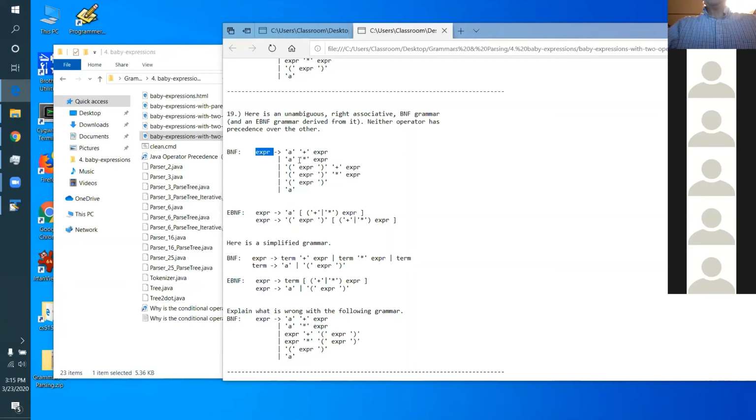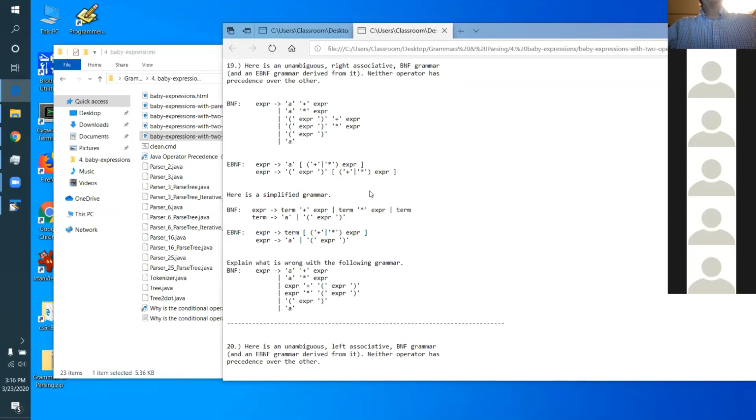You can do it with parentheses, though. The parentheses push that lower in the parse tree by putting this grouping here. So with one production, I can make things inside parentheses have higher precedence, but I don't know of any way, and I don't think there is a way, to make operators have different levels of precedence.